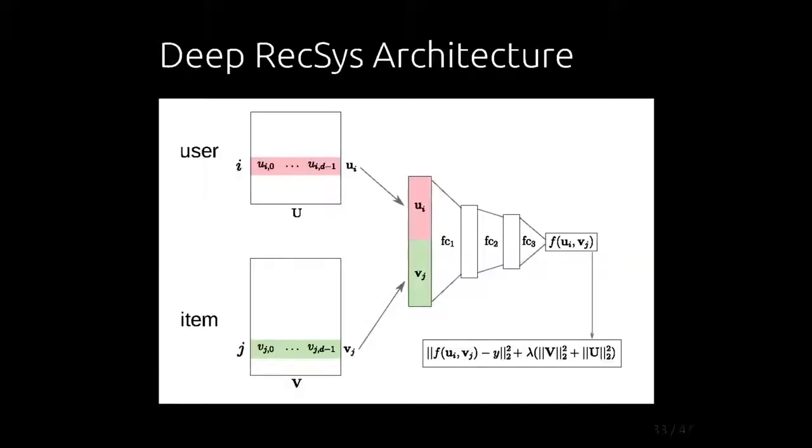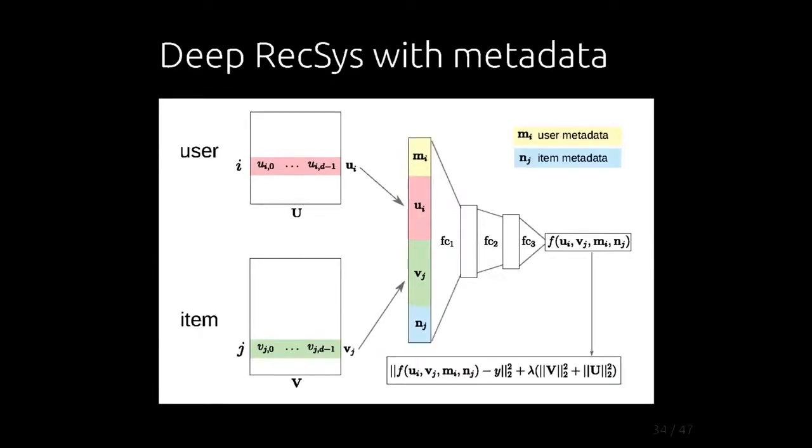And when you do that, you have a lot more flexibility, because now the size of the two embeddings can be different. If you have a lot more items than users, for instance, you might want to have bigger embeddings for the items. And furthermore, you can integrate metadata about the users and about the items, and feed that into the network so that you have a hybrid recommender system.